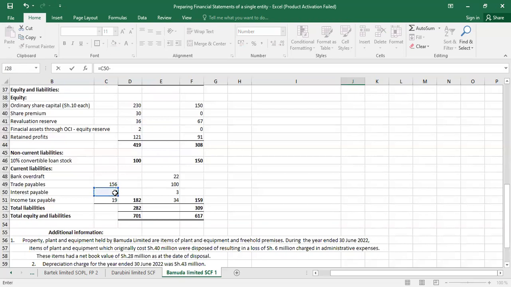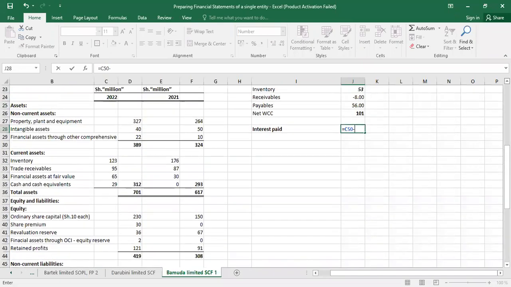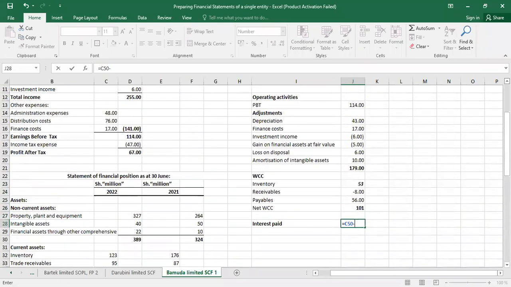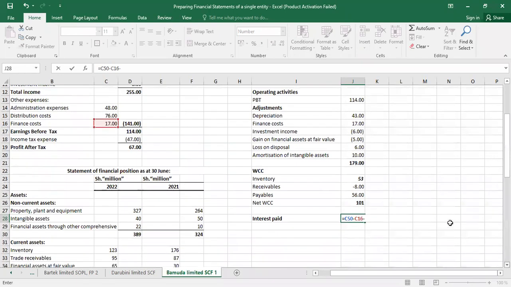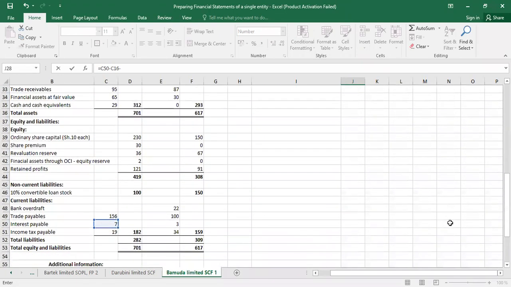minus what is paid in the statement. Minus the 17 here. Remember, if this 17 could have been entered as a negative, we could have added it, isn't it? Minus the 3, the previous one, because it's an asset.